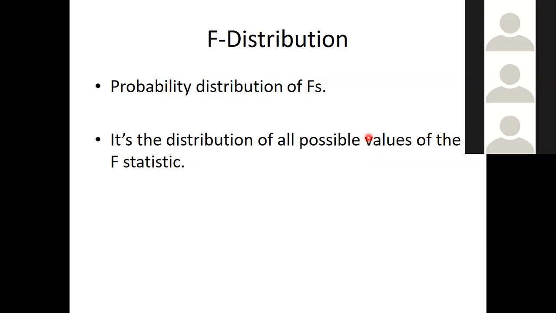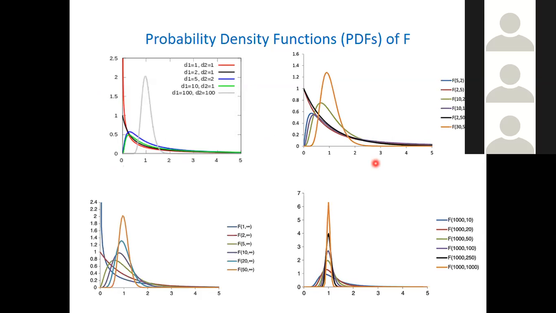But for a discrete probability distribution, you can know all the possible values, so you can have a table where you list the values and their probabilities. For a continuous probability distribution, you cannot actually know all the possible values, so you cannot have a table, but you can represent them by a graph called the probability density function. Now, this is the probability density function of the F distribution.